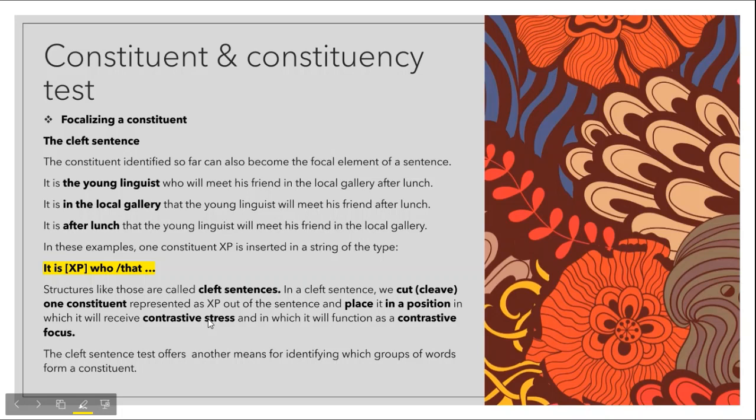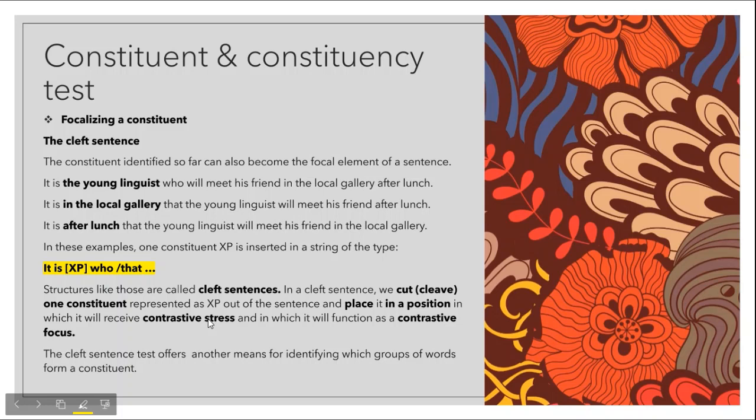The next test is focalizing a constituent, the left sentence. The constituents identified so far can also become the focal element of a sentence. Focal يعني من كنركزوا عليها كيكون شي حاجة اللي كتاخد more attention ولا كيكون more stressed than the other.